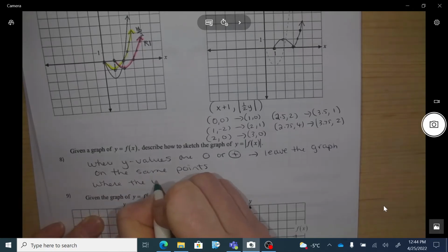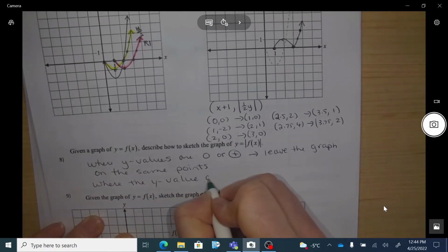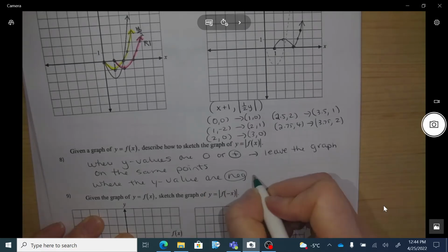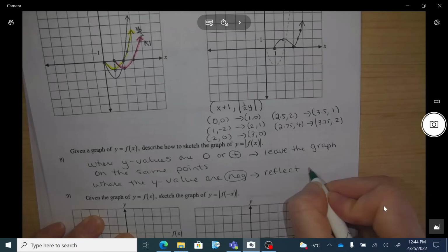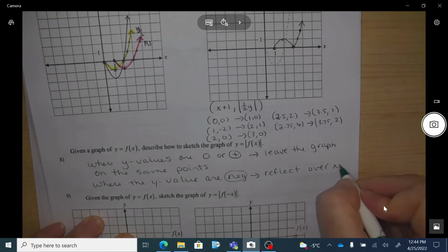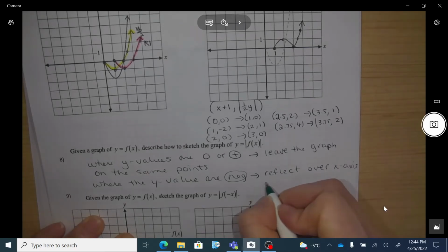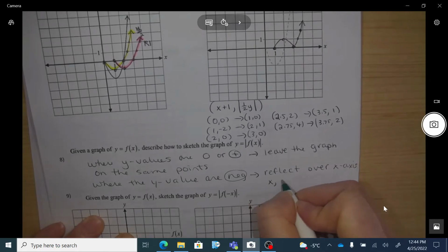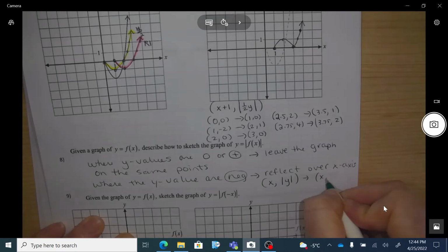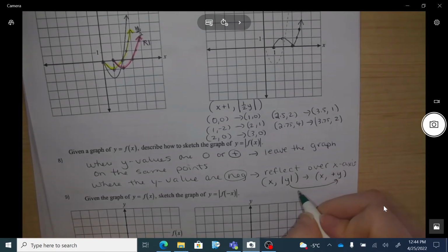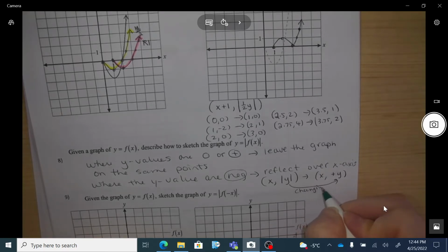Where the y values are negative, reflect over the x-axis. So you're changing y values.